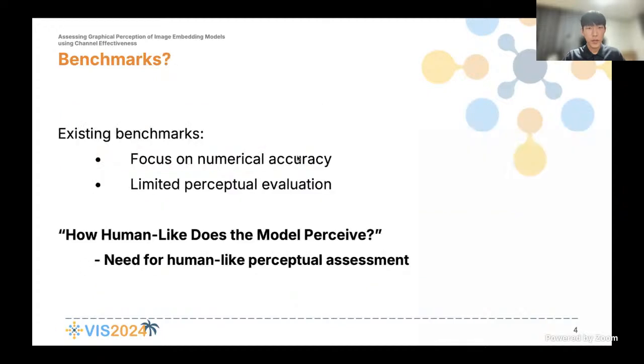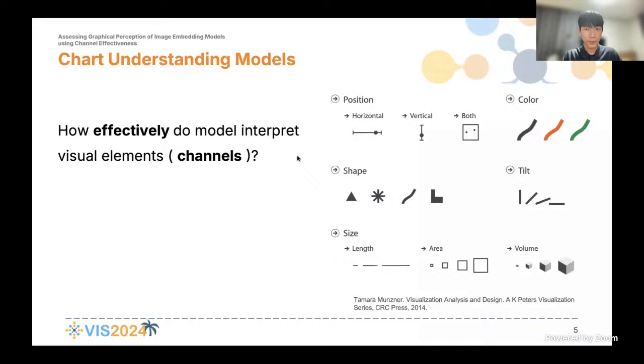While there are benchmarks to evaluate the performance of these models, they often focus on high-level tasks, such as accuracy in reading numerical data. These alone, though, do not provide an assessment of how well the model sees a graph like a human. That is, we need to assess how the model perceives fundamental graphical elements at a more human-like perceptual level.